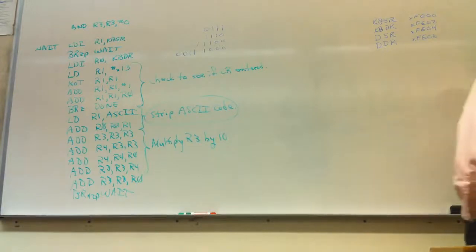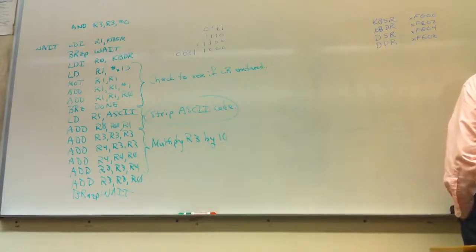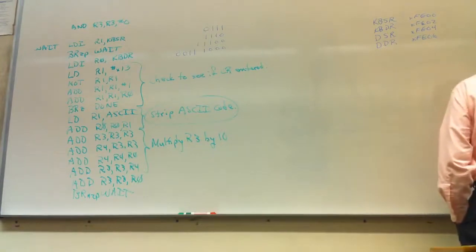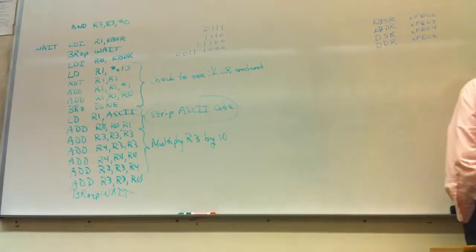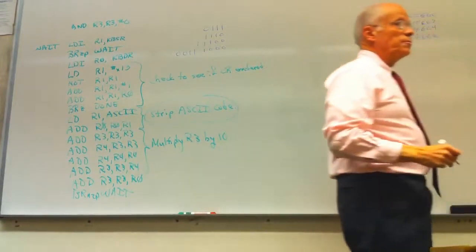Here's the sequence. When the program puts a value into the display data register, the ready bit is cleared. That means it's set to 0.